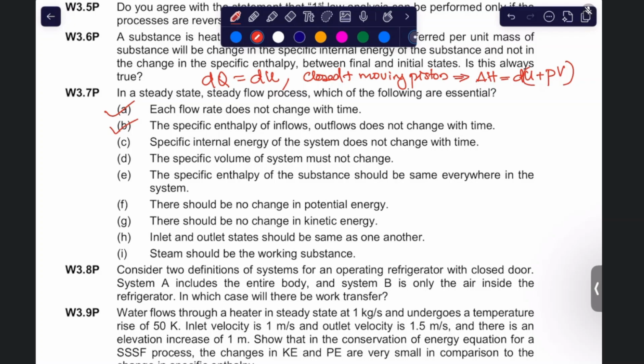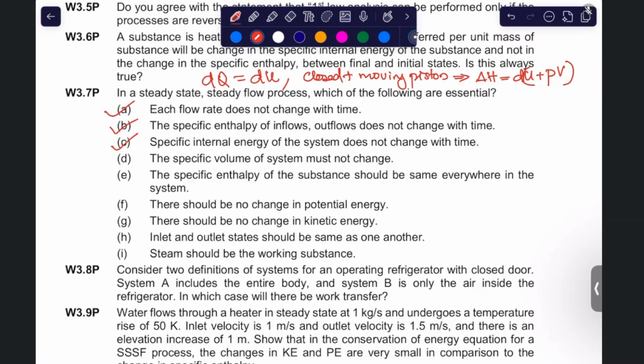But if it is locally varying, we have to check an average over the entire control volume. When we average it out, if this is constant, that is also okay. So it is not about spatial variation, but only time variation we are talking about. So this is also essential.